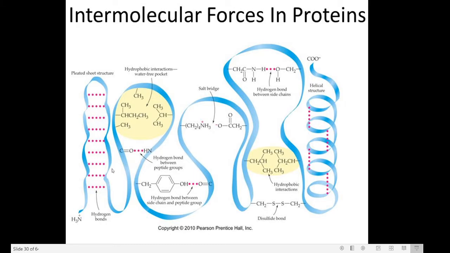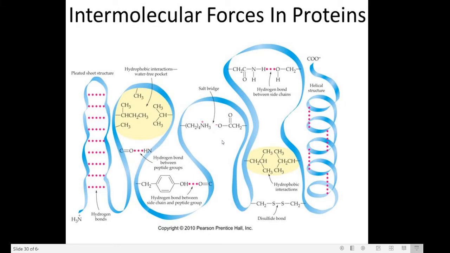The proteins form a loop, binding pockets, and the buried regions have hydrophobic interaction, a water-free pocket. Then the loop region has hydrogen bonds between side chains and peptide groups, forming the peptide bonds.